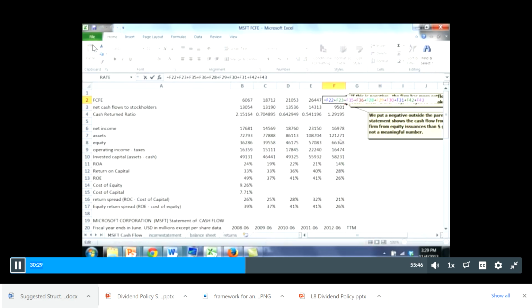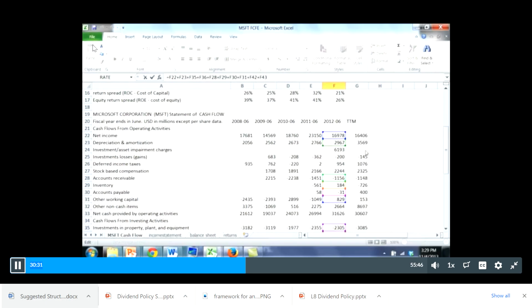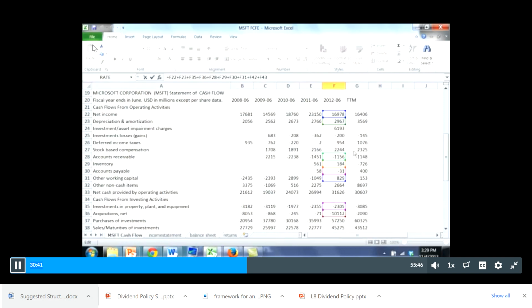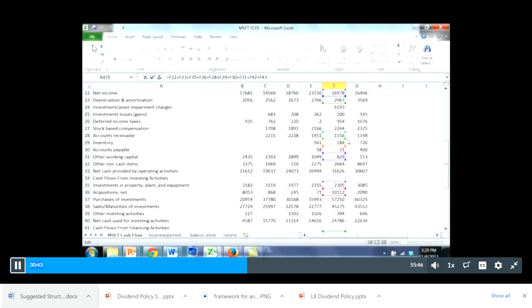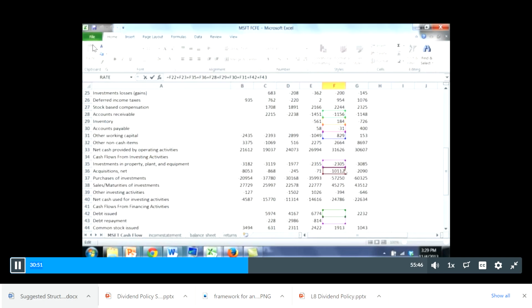And if we're curious, we can look at that. Well, that was a dip in net income, a little bit of an increase in depreciation. Not really big changes here, but a big acquisition took place, right?